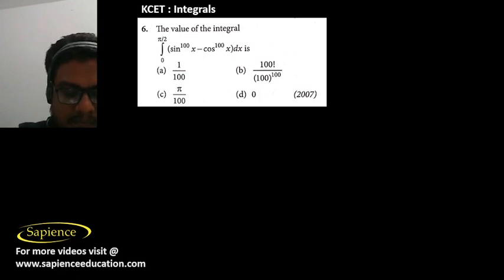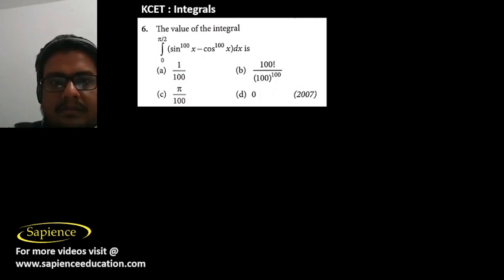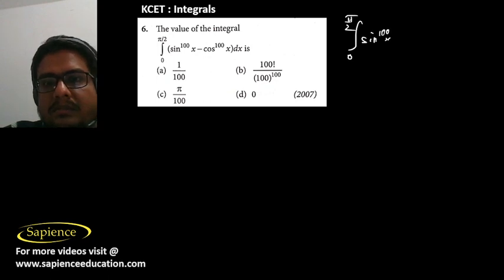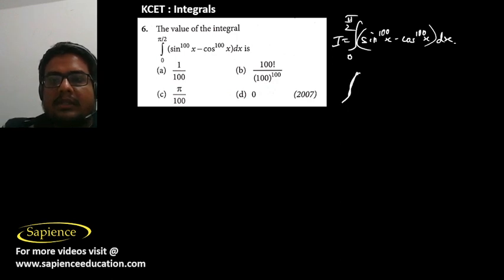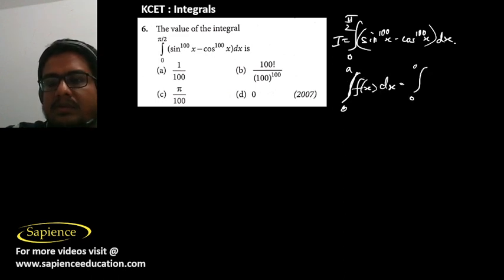Then we have to find the value of this integral: integral 0 to pi by 2 of sin power 100x minus cos power 100x dx. Okay, so now let's suppose this is integral I. Now we know that there is a rule which says that integral 0 to a f of x dx is equal to integral 0 to a f of a minus x dx.